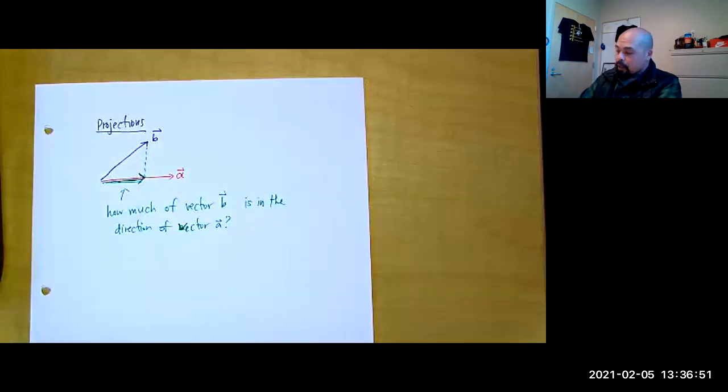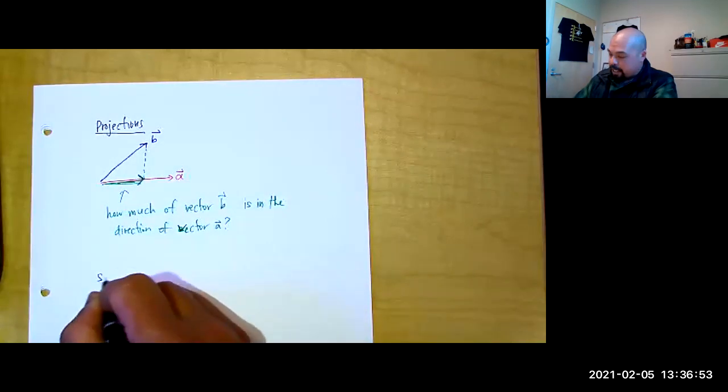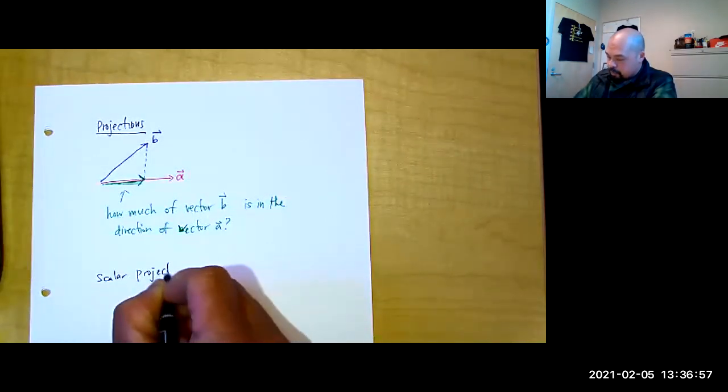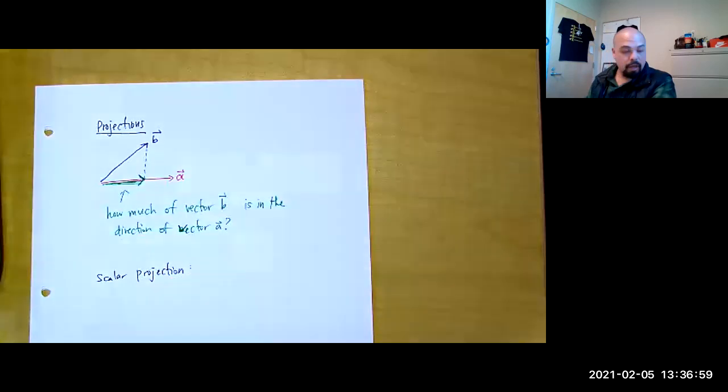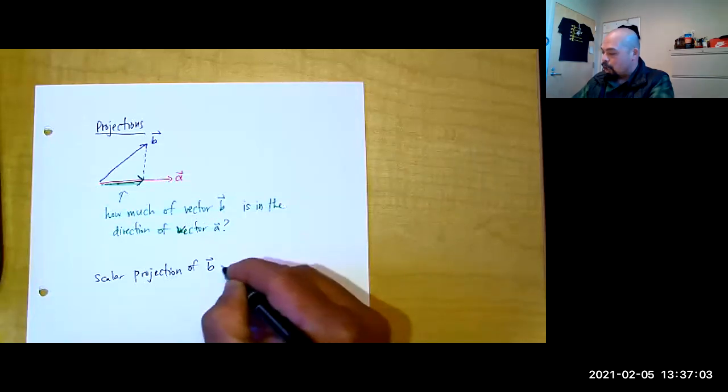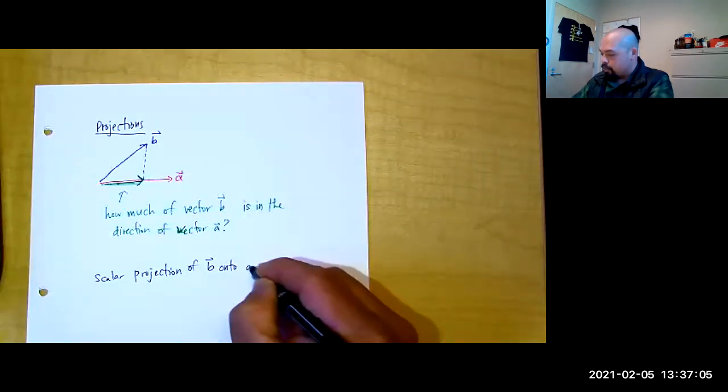And so some statements here. We have our scalar projection of B onto A. Let's get that language in there.